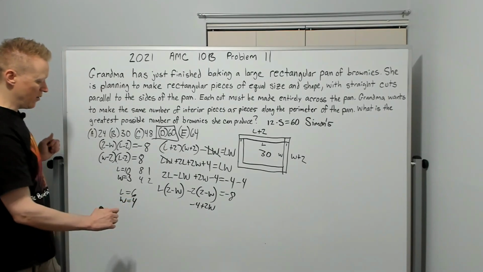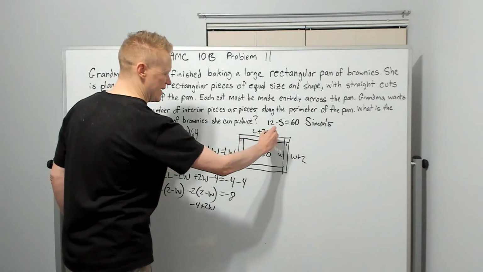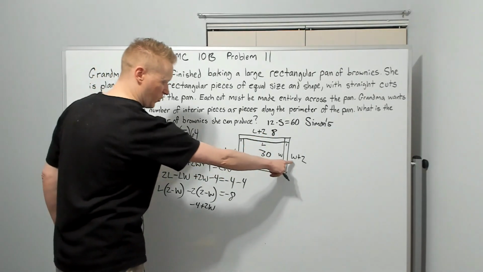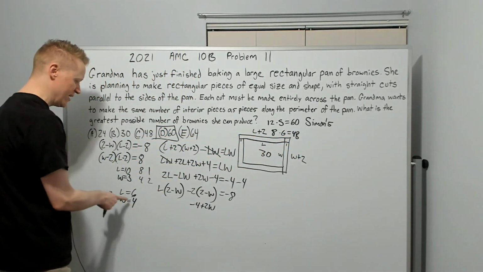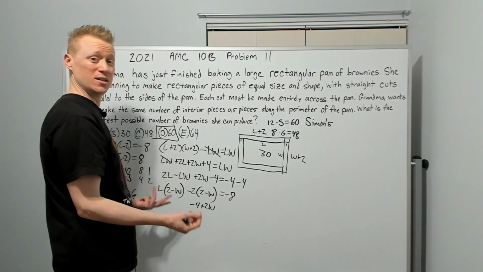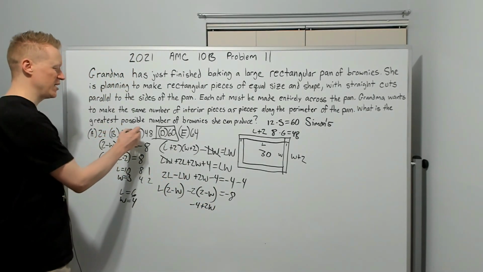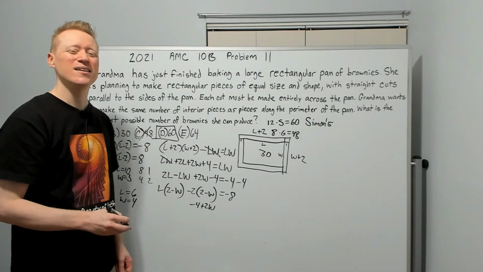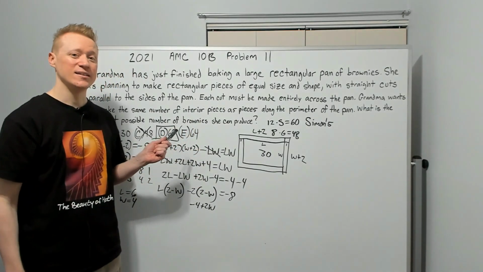And if you did that one, you would have gotten 6 plus 2 is 8 for this one here, and 4 plus 2 is 6, and sure enough, 8 times 6, 48, 24 is half of that. That fits all the criteria, which is why it works. However, it's not the greatest possible number of brownies. We don't want 48 brownies, you want 60. And you can't get the 64, so the answer is D.